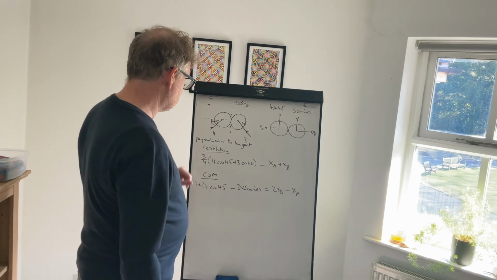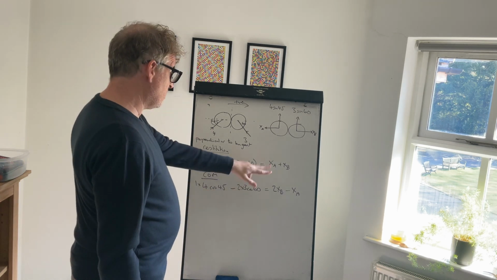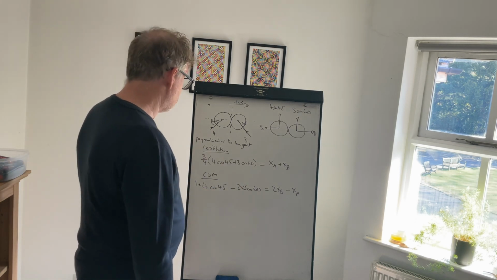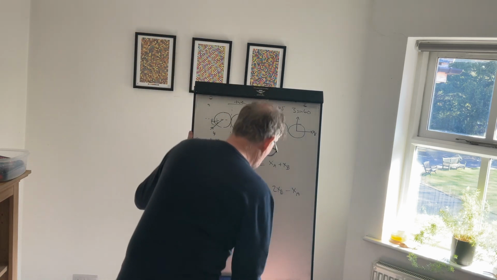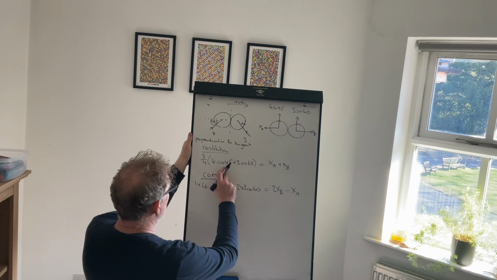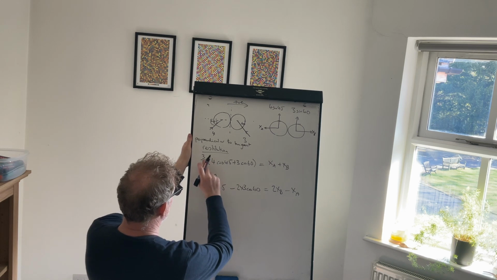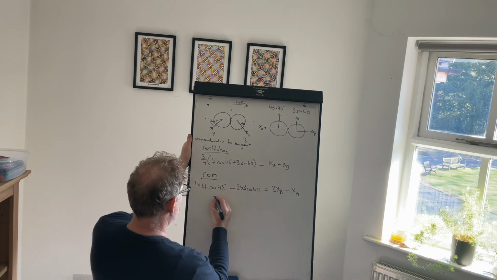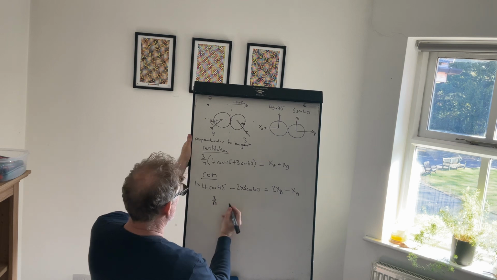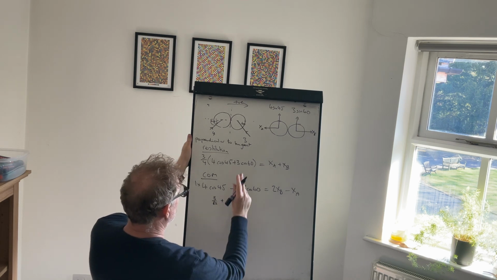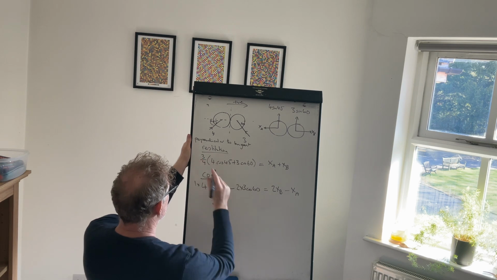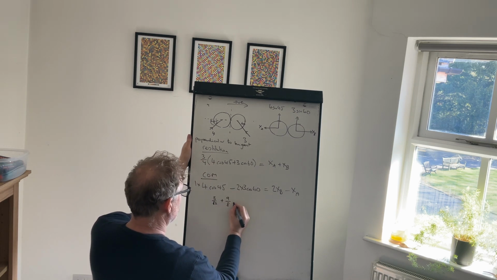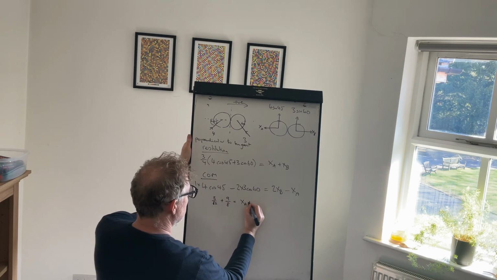And then it's just a case of working through and getting what XA and XB are. So that's 1 over root 2 times 4, so that's 3 over root 2, plus 3 times a half, 3 over 2 times that, 9 over 8, equals XA plus XB.